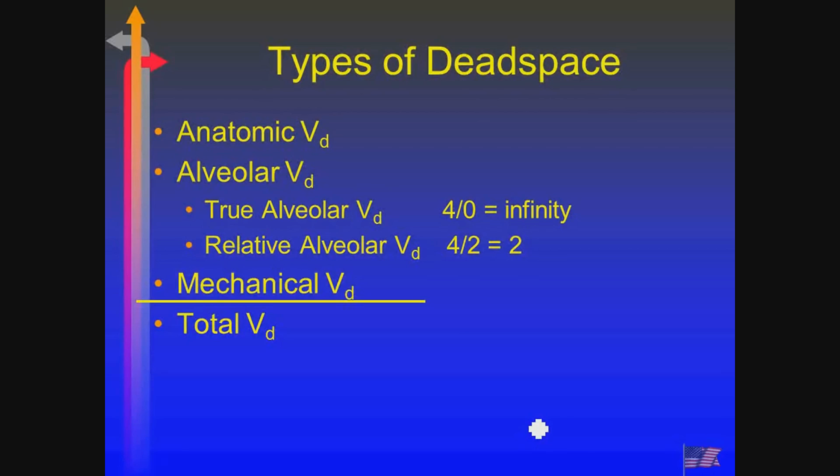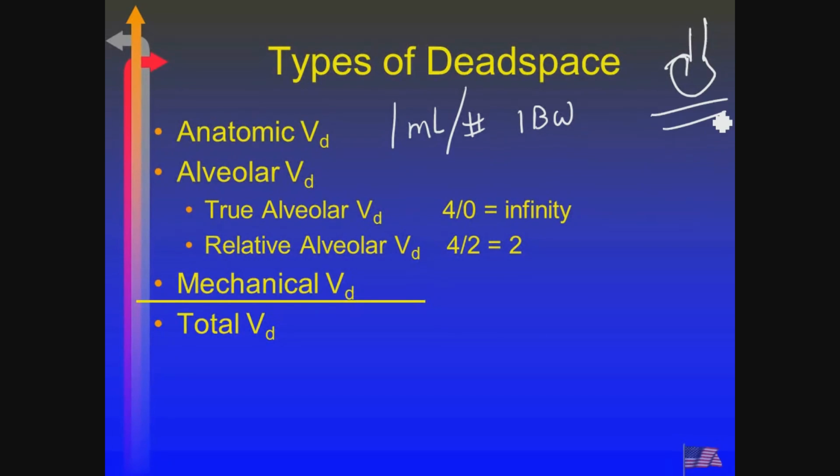Different types of dead space, anatomic dead space. How do I determine the anatomic dead space? Okay, 1 milliliter per pound ideal body weight. I think we covered that a while back, right? Module B, 1050? Yeah. In the summer. Alveolar dead space, those areas of the lung where you have ventilation but no perfusion.